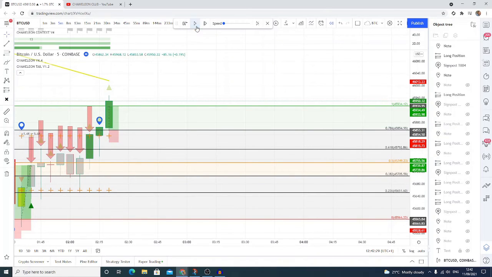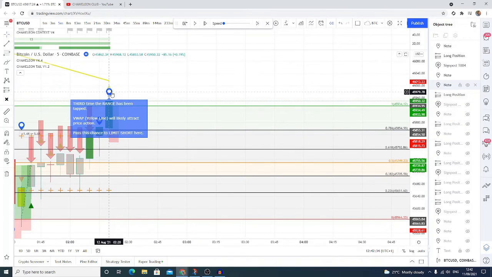And now price reaches the range high. The target is hit, plus 2R.